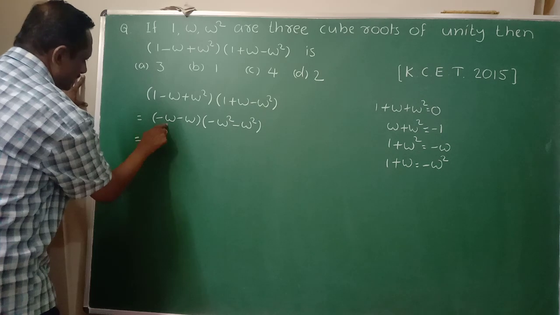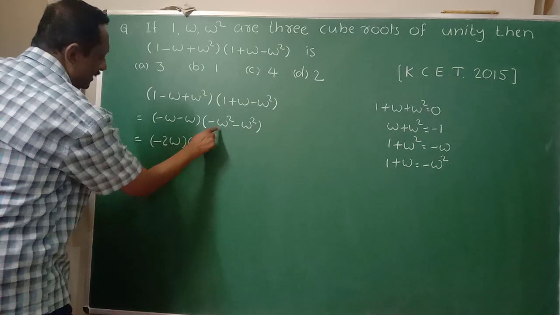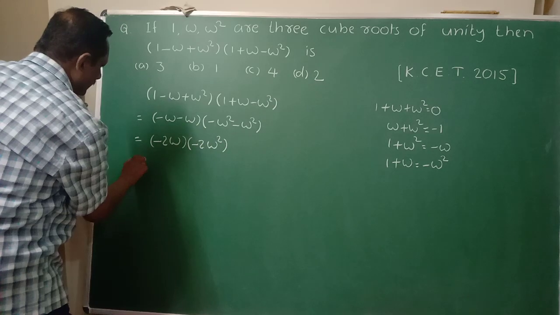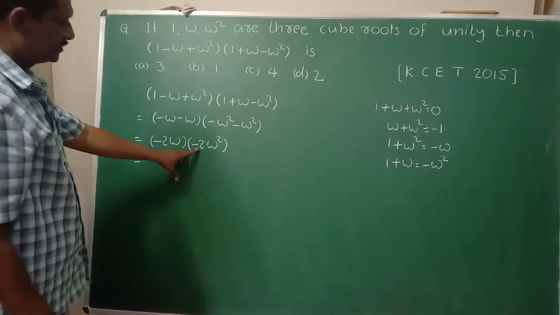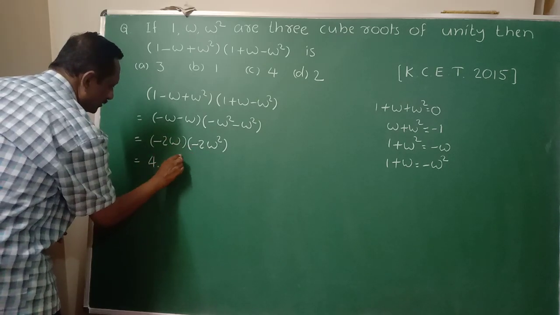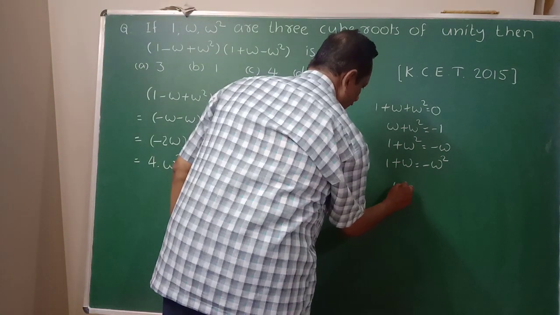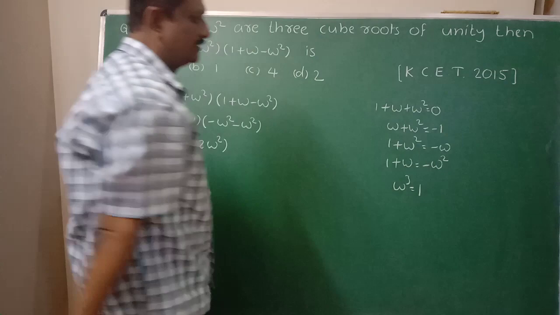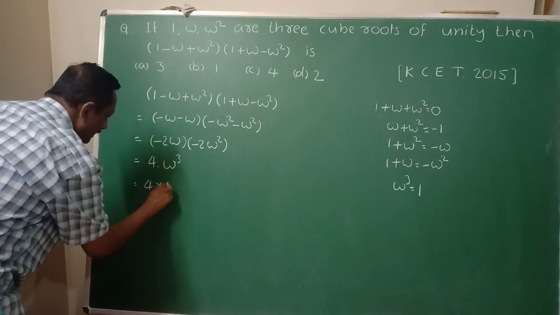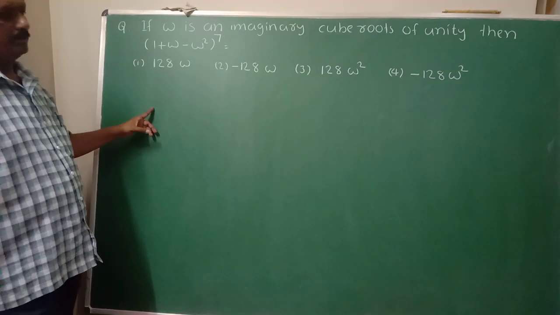So this is equal to minus omega minus omega, that is minus 2 omega, into minus omega square minus omega square, that is minus 2 omega square. Minus 2 into minus 2 becomes 4, and omega into omega square is omega cube. And one more property of the cube roots of unity: omega cube is always 1. Therefore 4 into 1, 4 is the answer. So C is correct.